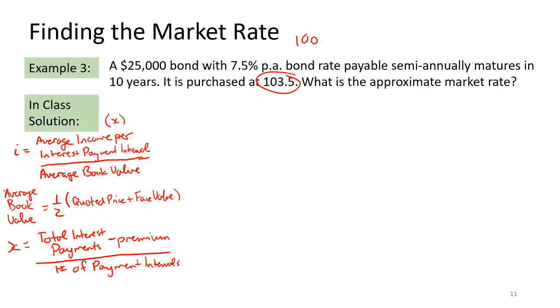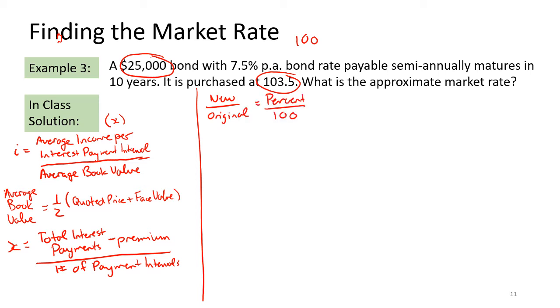So we can start by finding any one of these. I'm going to start with the average book value. If you want to find the average book value, you need the quoted price and the face value. In this case, we know the face value, it's given in the question, but we don't know the quoted value. Remember back to ratios. Starting with that first item, our new number to our original number is equal to percent divided by 100.